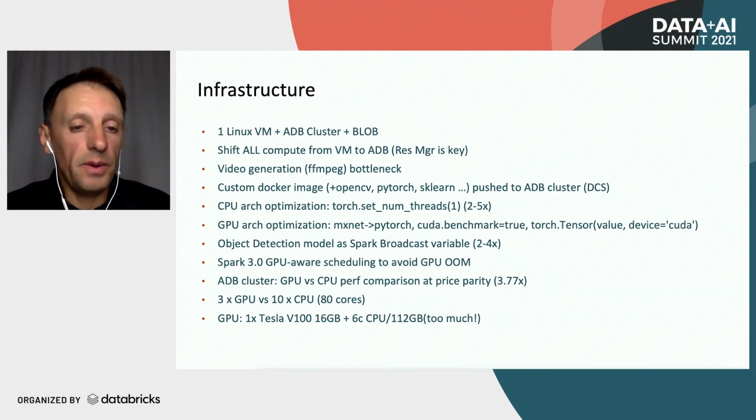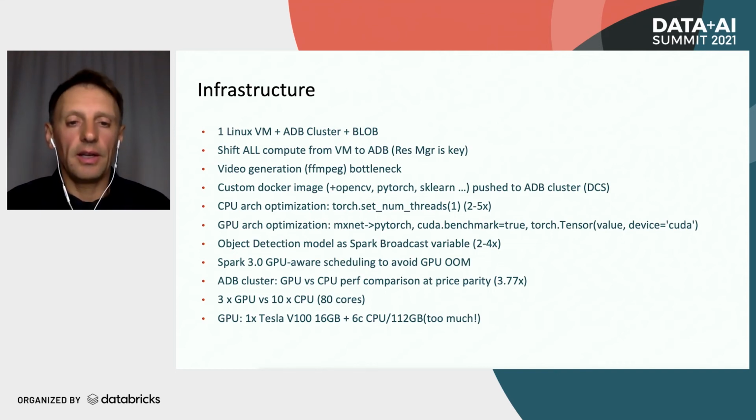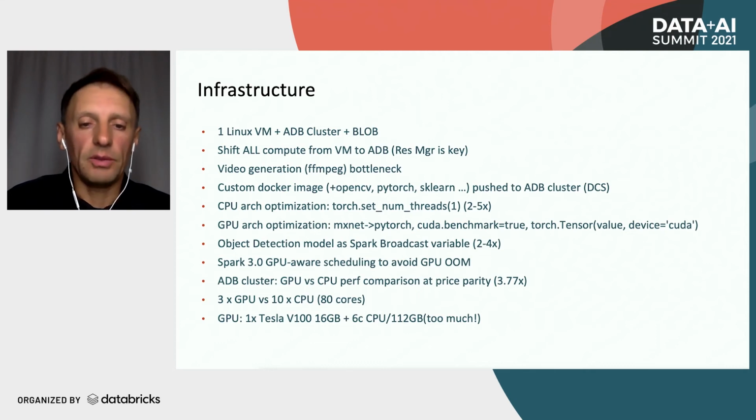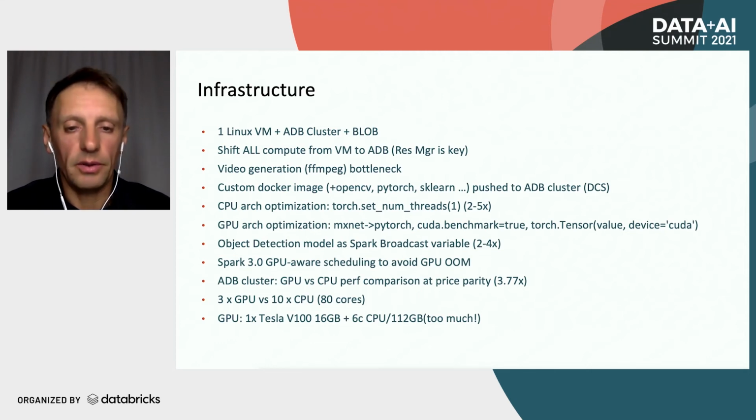On the GPU now, because of GPU memory limits, there's an issue: scheduling was done before on CPU, right? You have a certain number of CPU cores, and all the task scheduling was done based on that. That would create too many tasks running in parallel on one node, and that would basically cause GPU out-of-memory conditions.